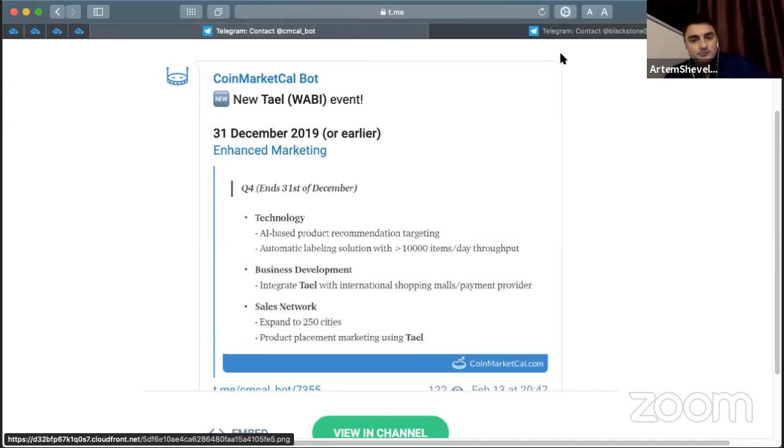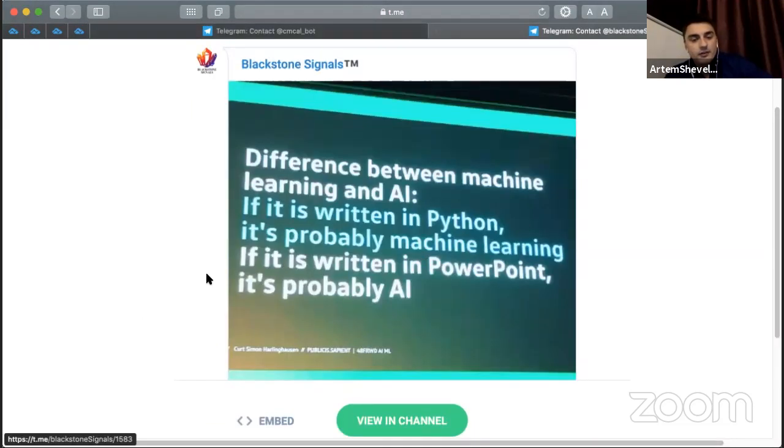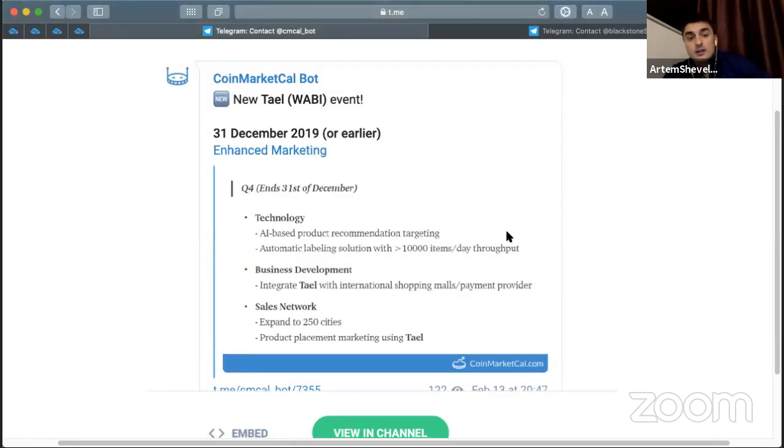So this is why I showed you this photo from this Python and PowerPoint comparison between AI and machine learning. If you're still looking for projects that make something on AI, they are probably doing nothing with this. So just be careful, okay?